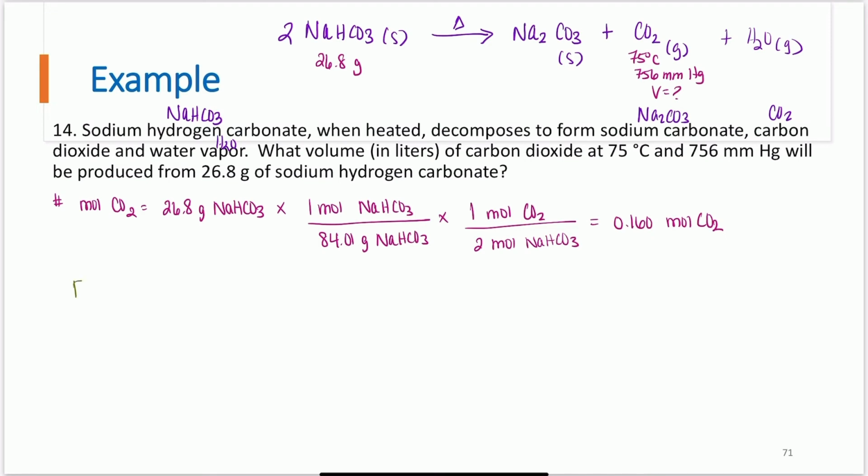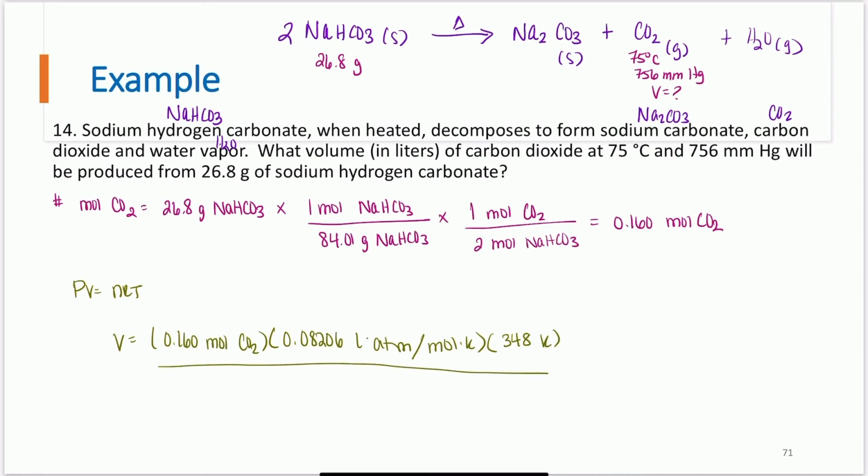Now I'm going to use my PV equals nRT equation. I rearrange to solve for volume. 0.160 moles of CO2, 0.08206 liter atmosphere per mole K for R. Temperature, let's see, 75 degrees C is 348 Kelvin.